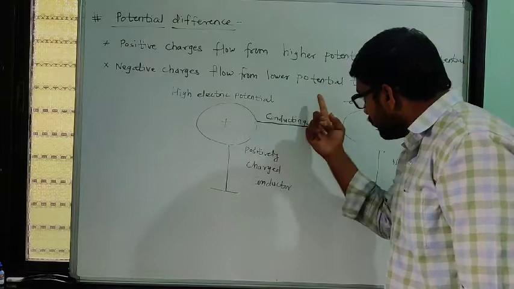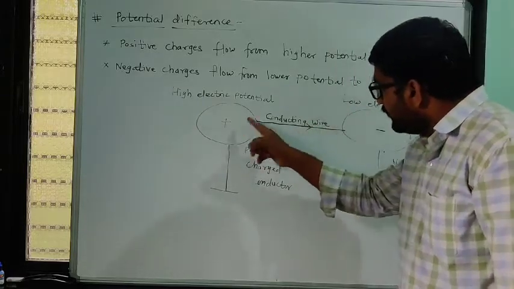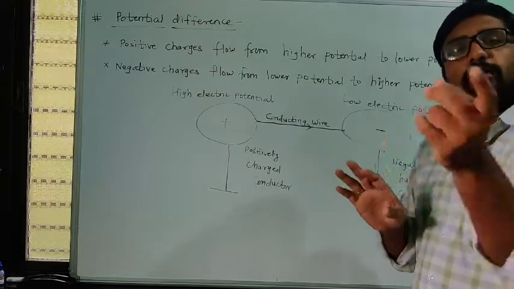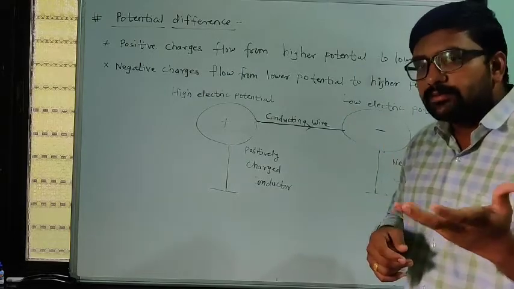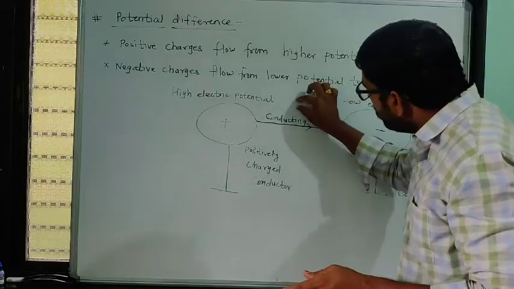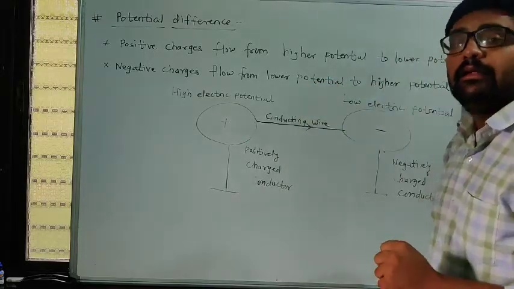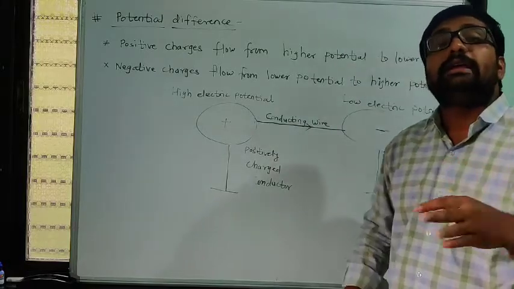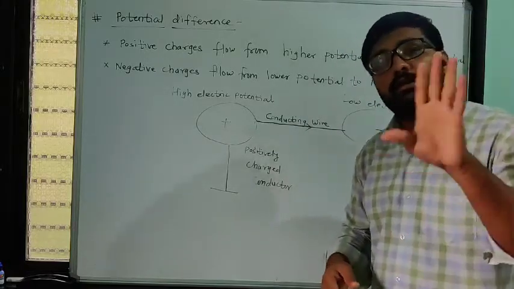This transmission of charges from here to here and here to here stops. Okay, we know why this transmission has stopped, because now both potentials become equal. And we know that for the motion of charges, electric potential is required.